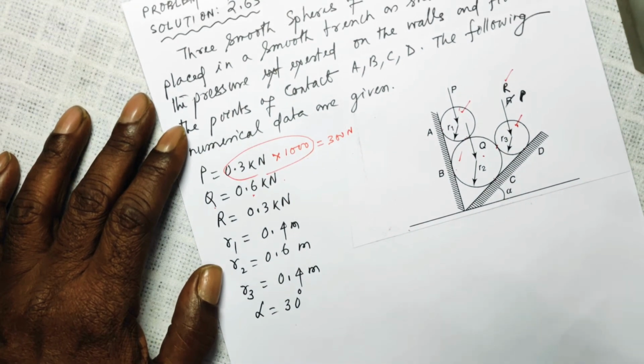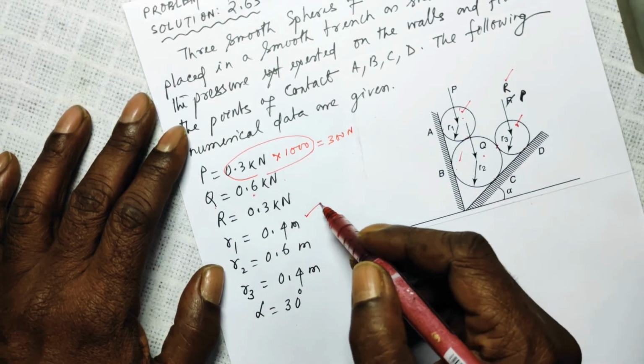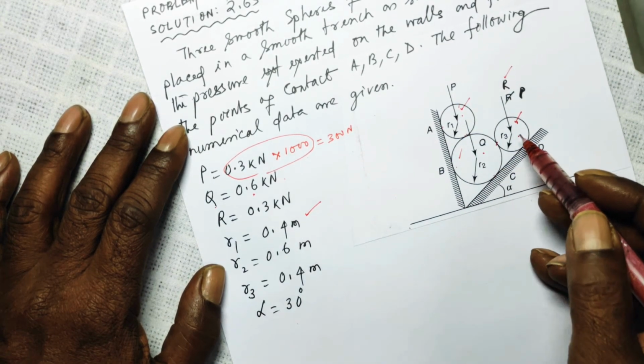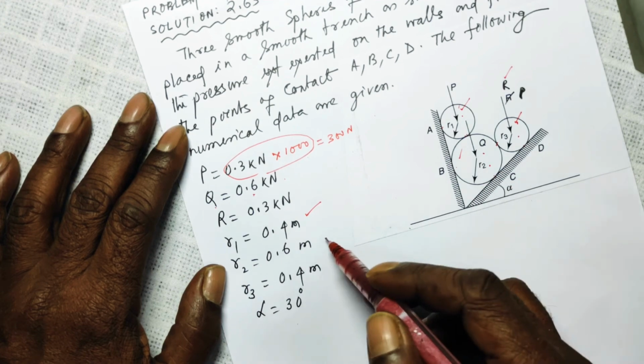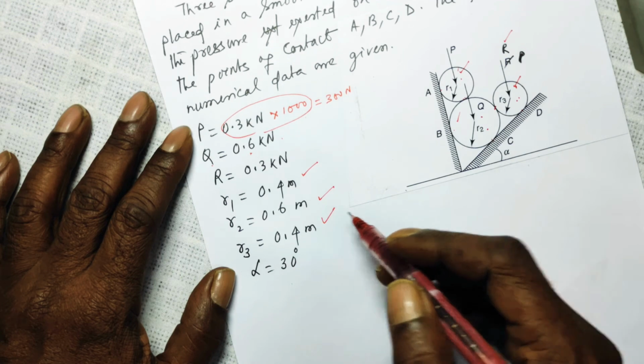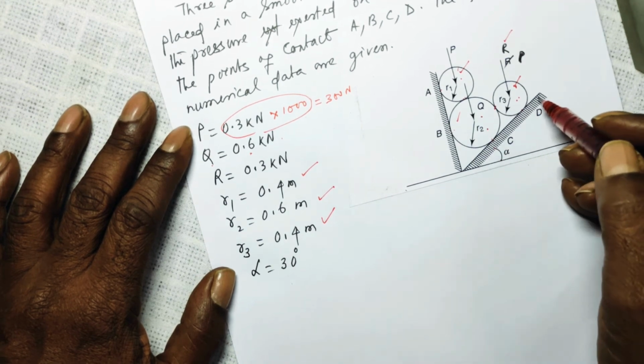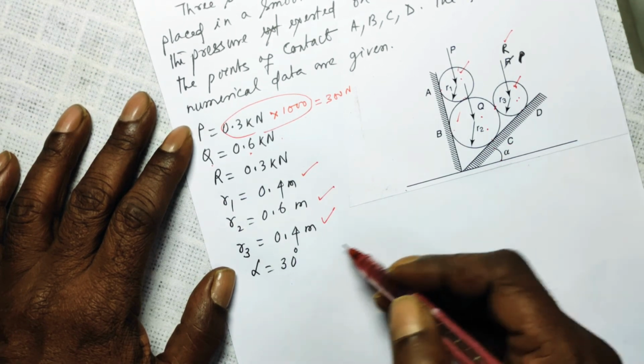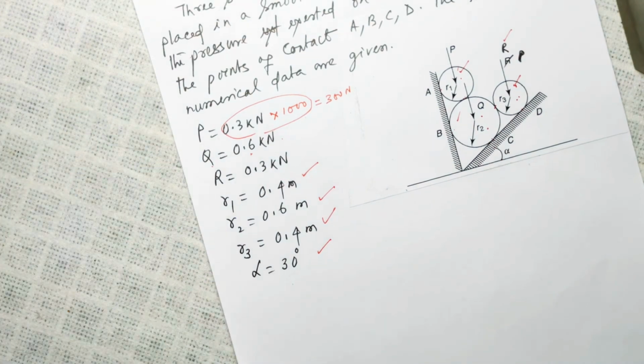Radius of the first sphere, that is this one, is 0.4 meter. Radius of the second sphere is 0.6 meter. And the radius of the third one, this one, is 0.4 meter, and the angle of inclination of this inclined plane is given as 30 degrees. Very tricky one, but still I'll make it as simple as possible.